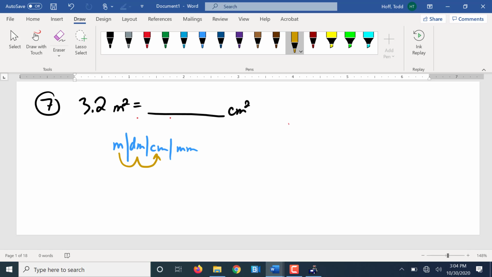But this is squared, not just meters and centimeters. So it'd be times 100 squared, or 10,000. Each spot on the chart is 10 squared, or 100, which makes each spot on the chart 2 decimal places. So 2 spots on the chart is 2 times 2, or 4 decimal places. Adding the zeros would make that 32,000 centimeters squared.